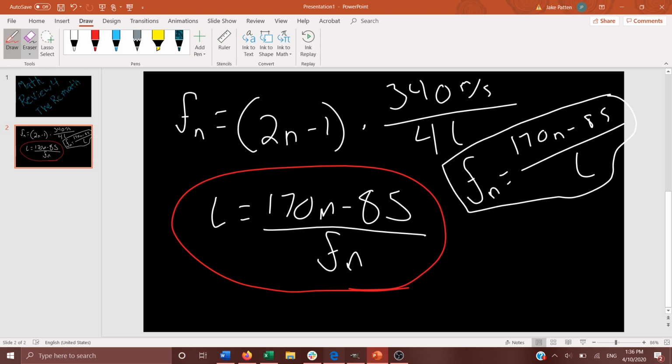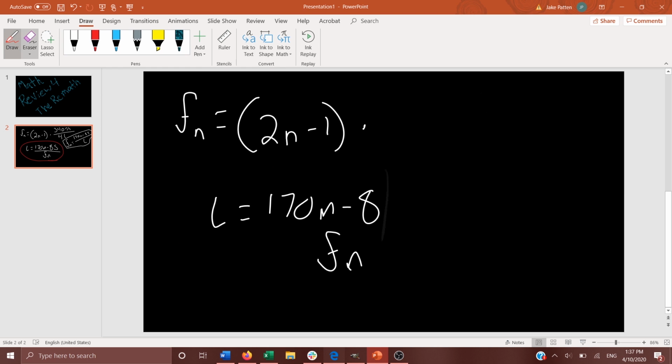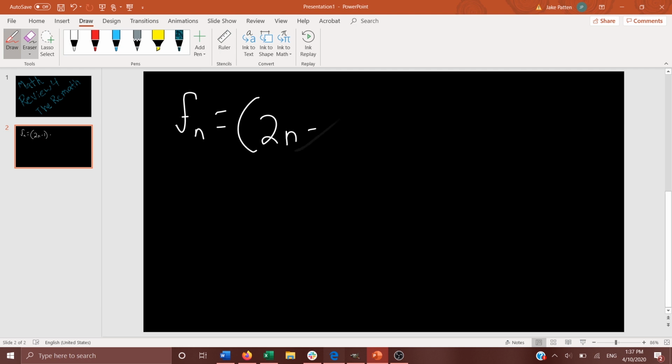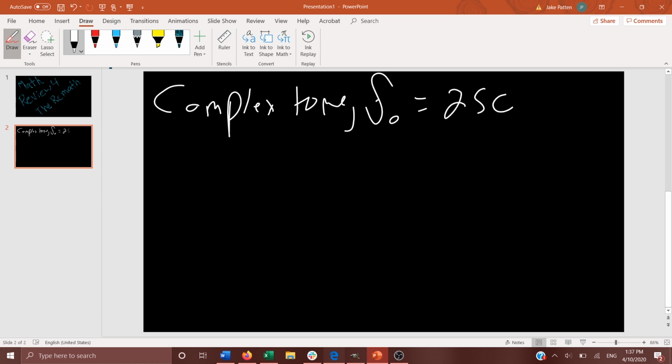There's one final thing that we need to go through. Before I do that, I need to erase some things. The last thing that I want to go through is you're going to have a complex tone, which means you'll have a fundamental frequency. So you're going to be given a complex tone with a fundamental frequency of, let's say, 250.